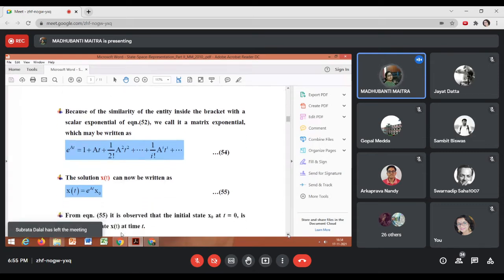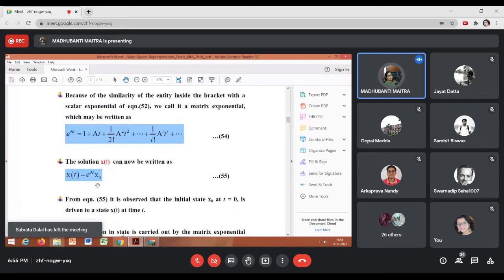So now the solution x(t), this is a vector, can be written as e to the power At into x0. What is our x0? x0 is the initial state, isn't it? The state of the system at time t equal to 0.